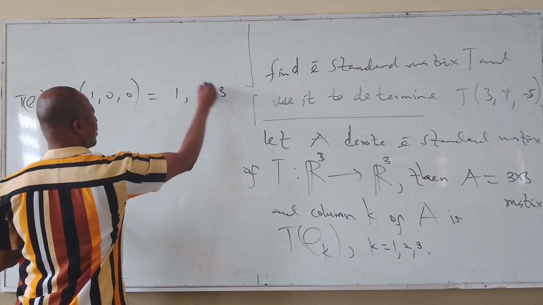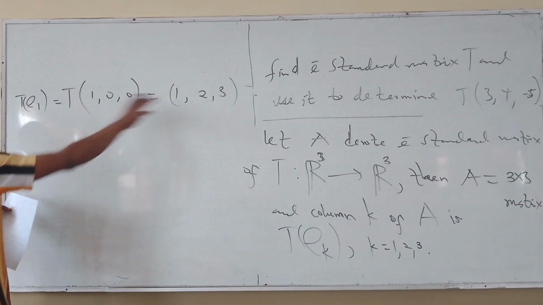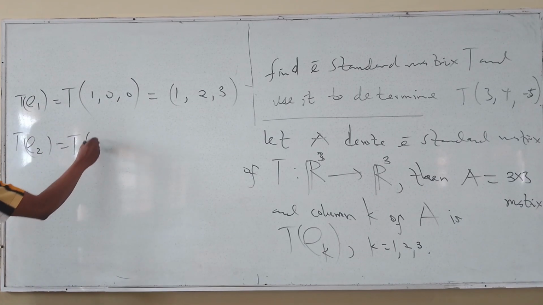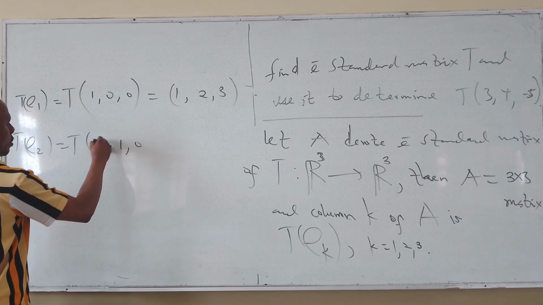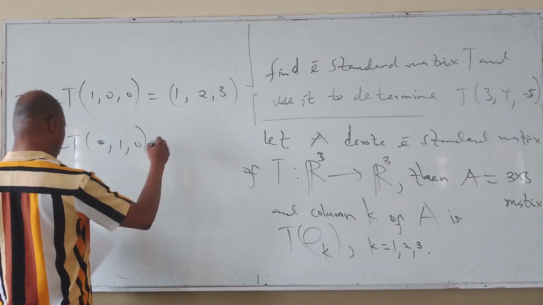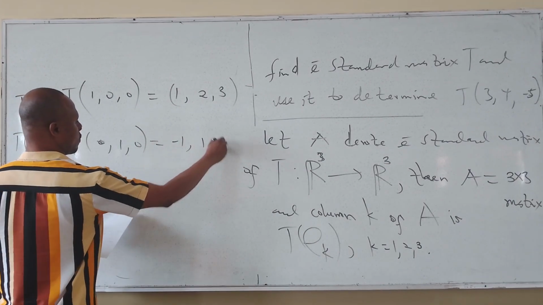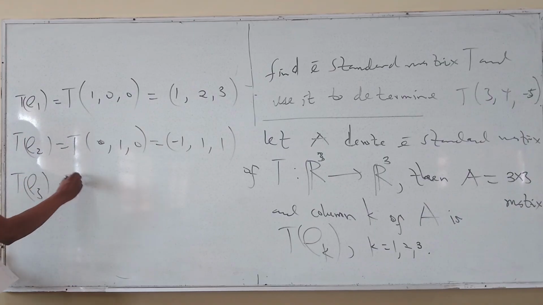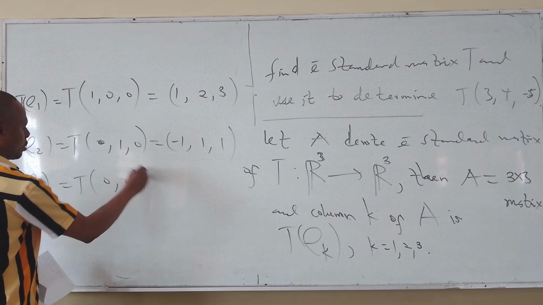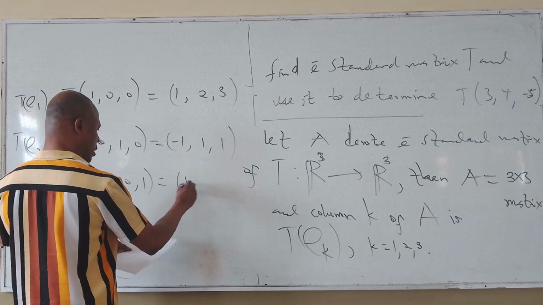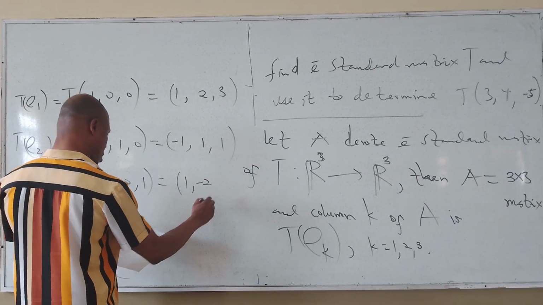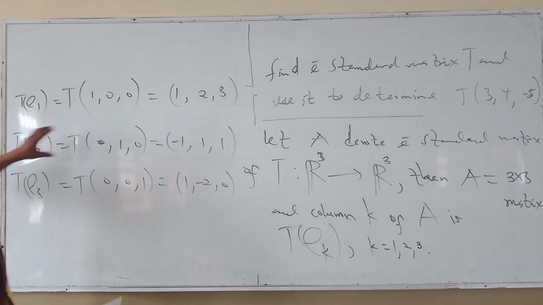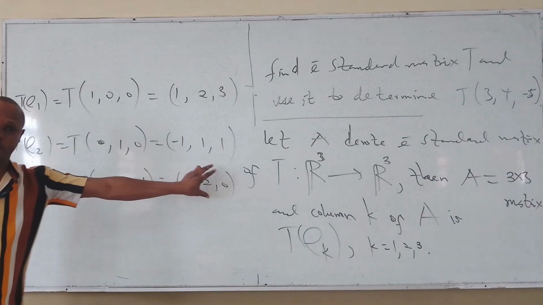T of E2, that is (0, 1, 0), was given to us as (-1, 1, 1). T of E3, that is (0, 0, 1), was given to us as (1, -2, 0). So everything was given to us.